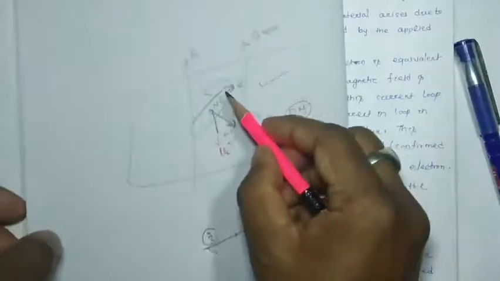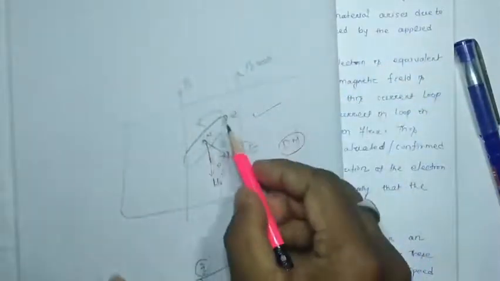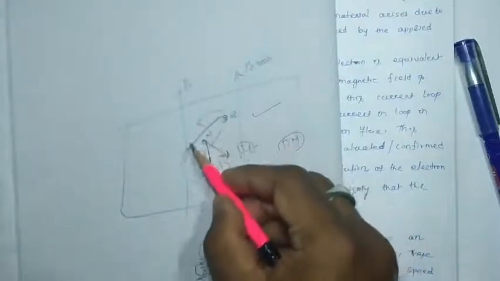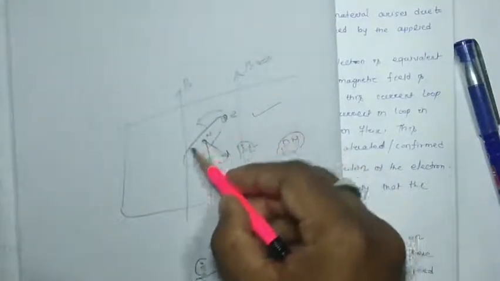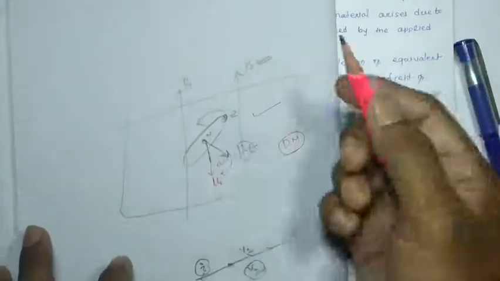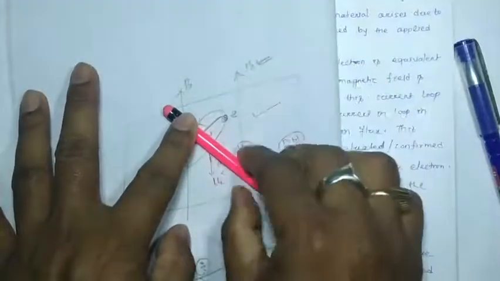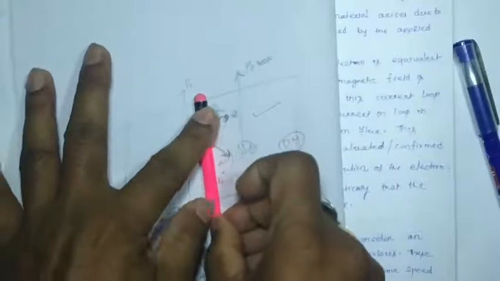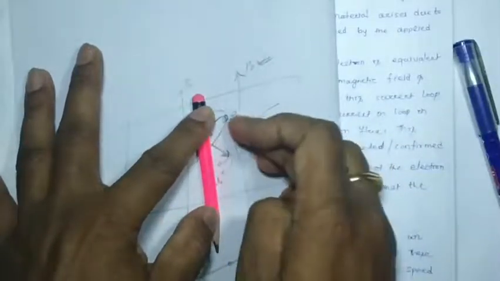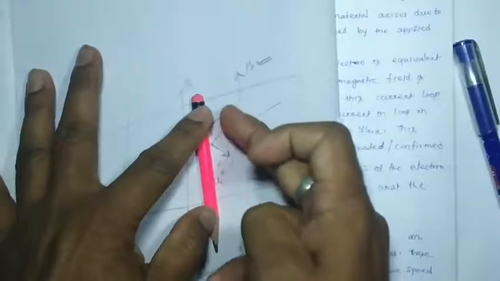So whenever we apply the magnetic field, the angular velocity with which it revolves around the nucleus is going to be changed in such a way that initially it was in this direction, and with the applied magnetic field it is going to orient in this direction, with changing its current from whatever it was initially.